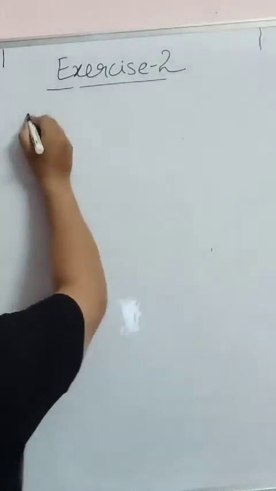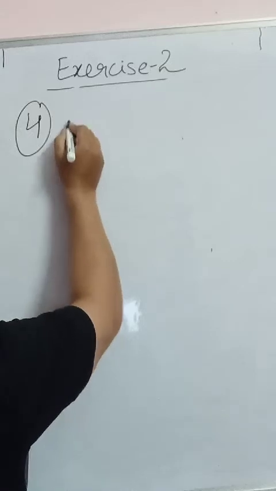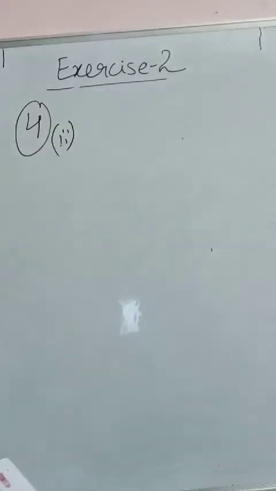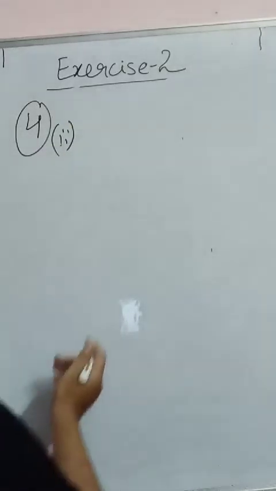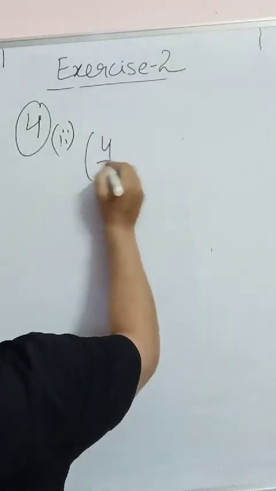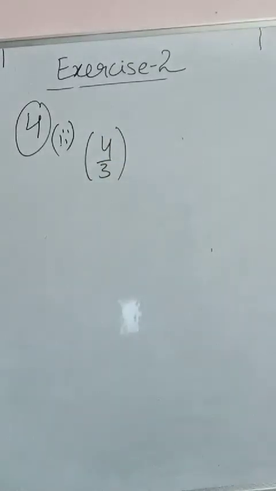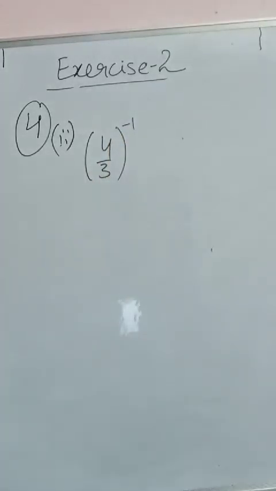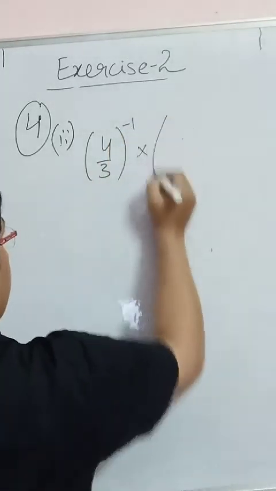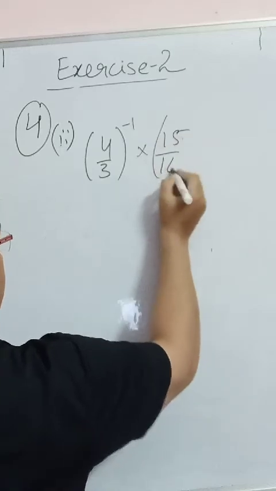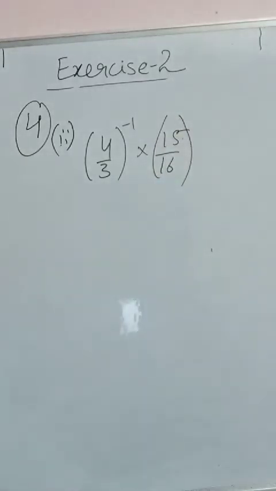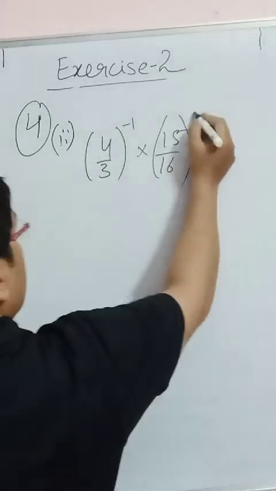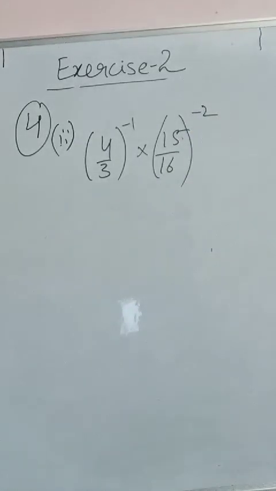Question number 4, the second part. See the second part of it. The second part is 4 by 3 raised to the power minus 1 into 15 by 16 raised to the power minus 2. The first thing you should understand is, do we have the base same?